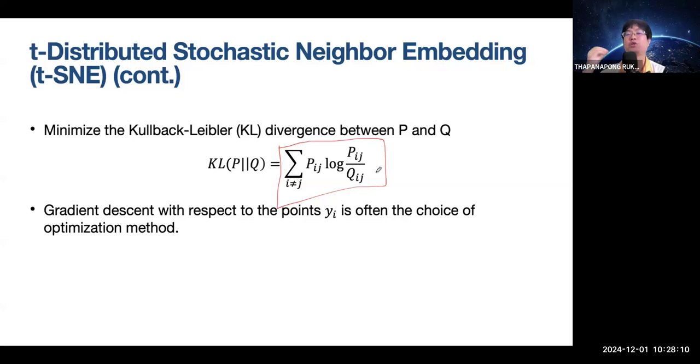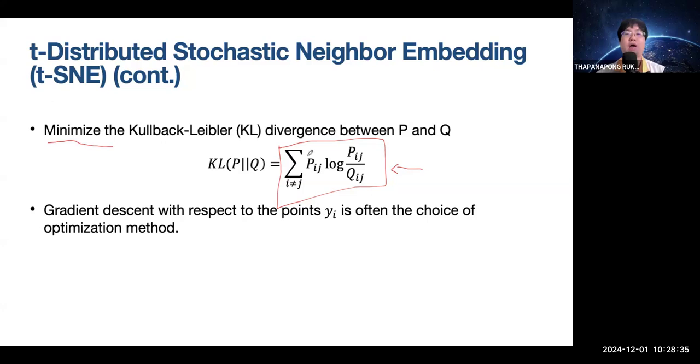And if everything is equal to 0, it means that P and Q are the same distribution. And that is our goal. We want this to be as close to 0 as possible, so we want to minimize the KL divergence between P and Q.